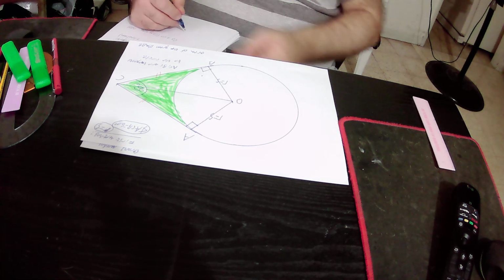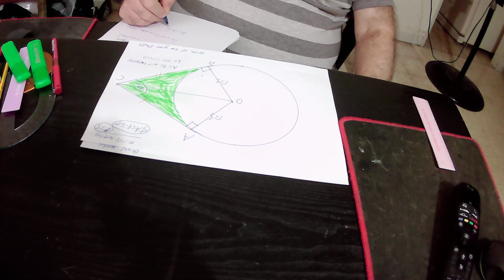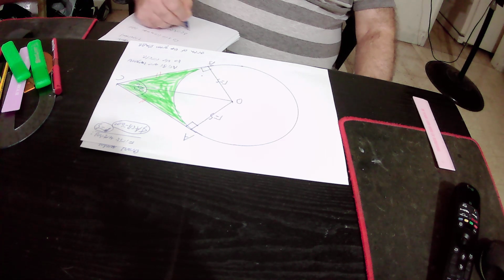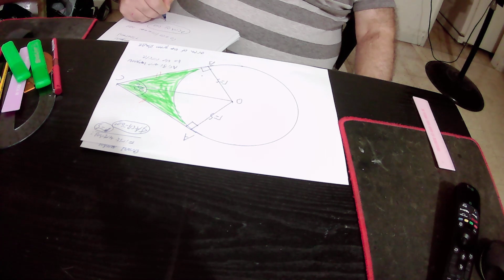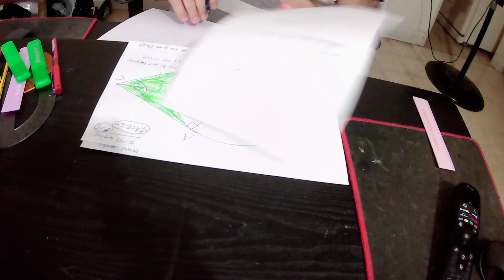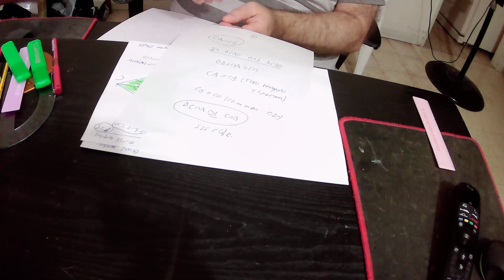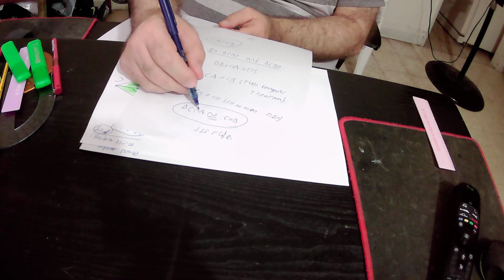So triangle COA is congruent to triangle COB according to the SSS rule.